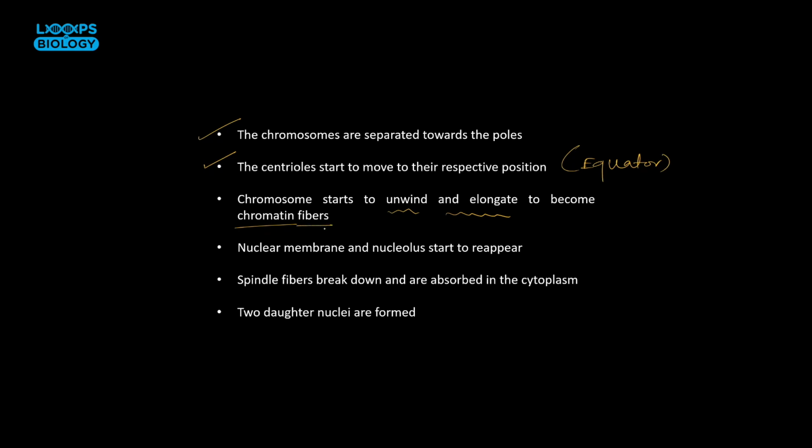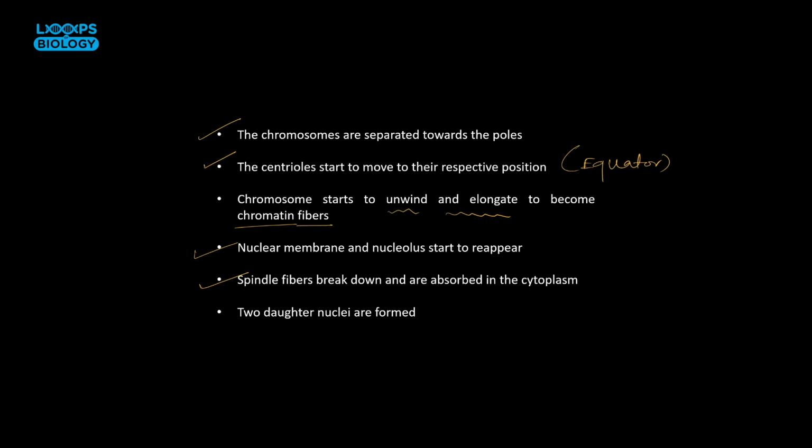So these fibers will start floating inside your nucleoplasm. Now the nuclear membrane and nucleolus start to reappear. As we have seen, there is a dotted structure forming. The spindle fibers break down and are absorbed inside the cytoplasm.